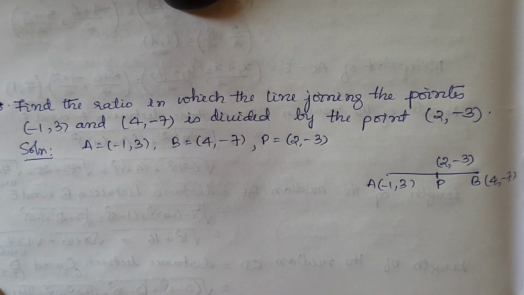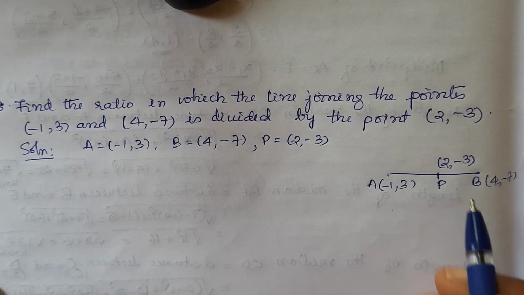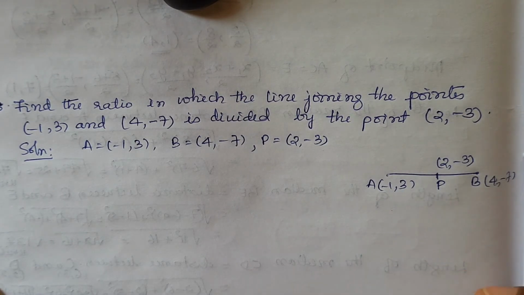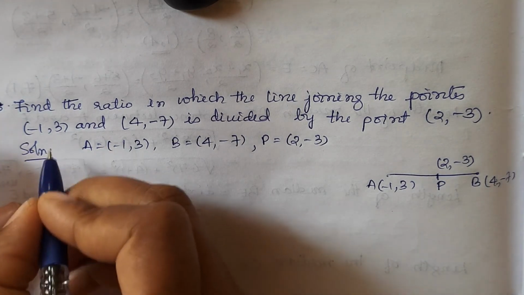Now we are using the section formula because it is division. We are finding in what ratio this point divides AB. That means we have to find the ratio m is to n.